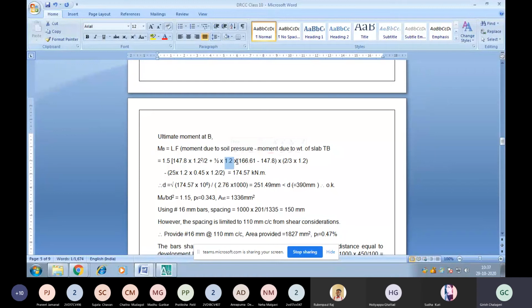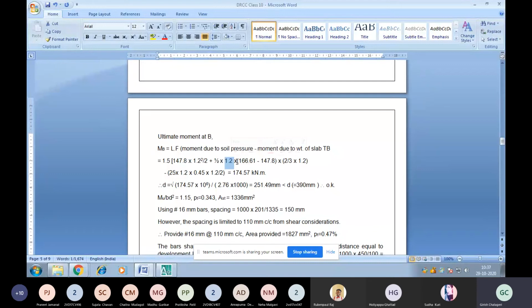Now we are going to provide the steel for that. So for steel we compute Mu by B D square. What is Mu here? Mu is 174.57 into 10 raised to 6, divided by B is 1000 and D is 390. Substituting the value of Mu by B D square, we get the coefficient as 1.15.